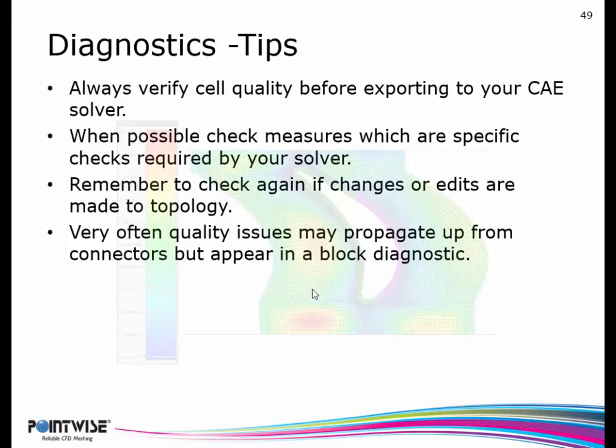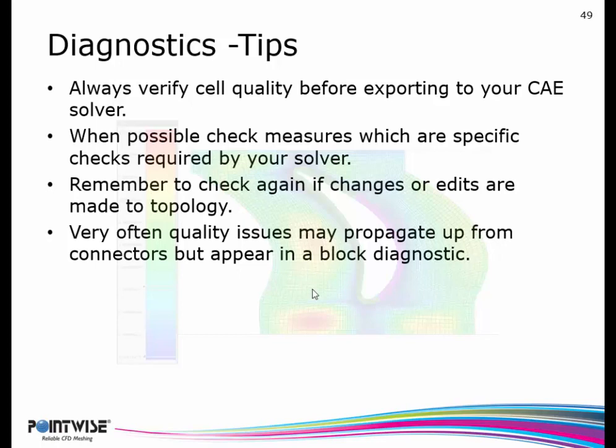Very importantly, and I remember when I first started doing meshing back when I used to work for Lockheed years and years ago in Texas, always make sure you check your grid again if you have to come back and make some changes. That bit me a few times pretty quickly back when I was making grids and doing the analysis too, where I would find some things need to be adjusted.